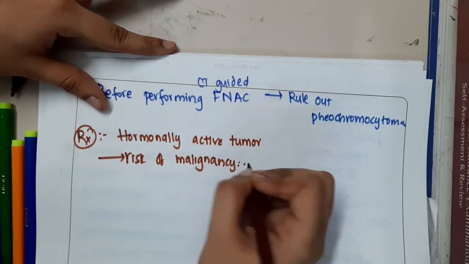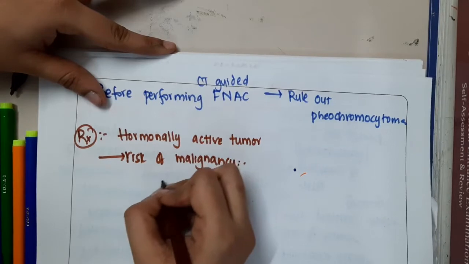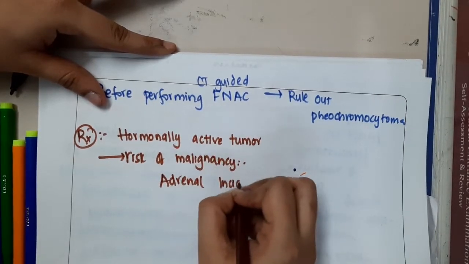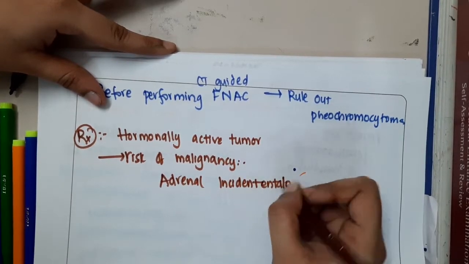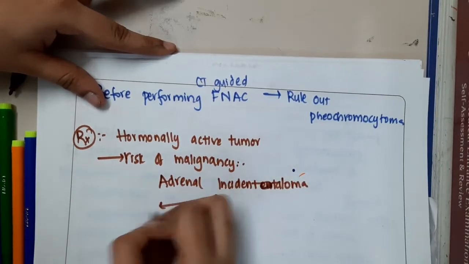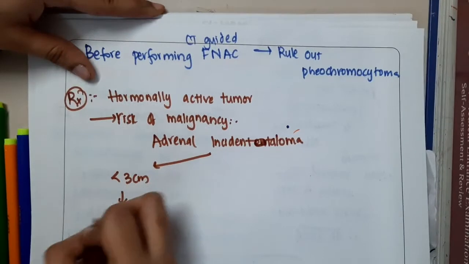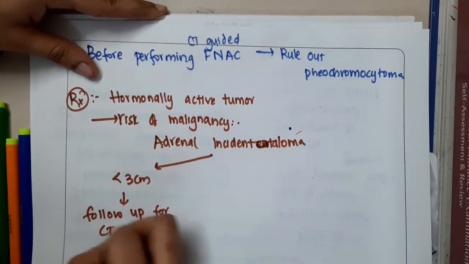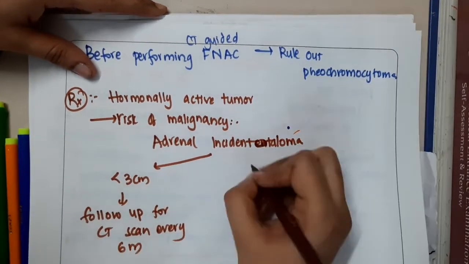Because they have a risk of malignancy, if these adrenal incidentalomas are less than 3 centimeters, follow up CT scans can be done every 6 months.